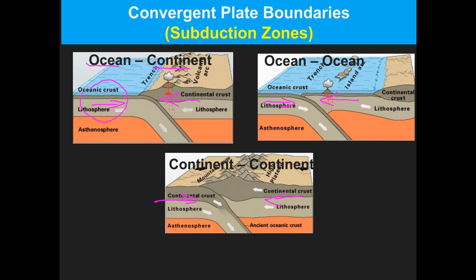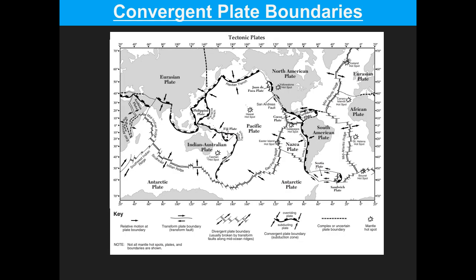So let's explore those convergent boundaries. And you can see them here in this map. Remember the gray is continental, white is oceanic. So here along this boundary, we have this oceanic crust, Nazca plate, colliding with South American plate. So that's oceanic continental. We have also the same thing here, although this is very small, Juan de Fuca plate is colliding against North American plate. That's the first type. The second type is oceanic.